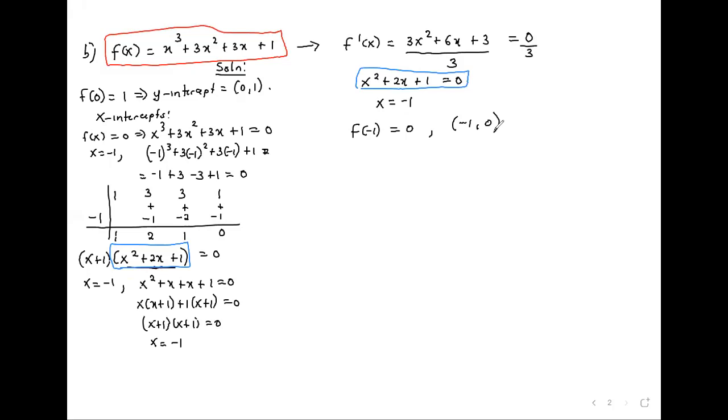Sir, I was asking, so we only have one x-intercept? Yes. Why? That's the one we found. After I factorized the function, it was giving us the same value.